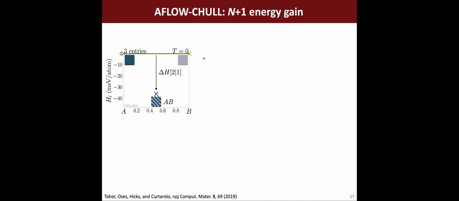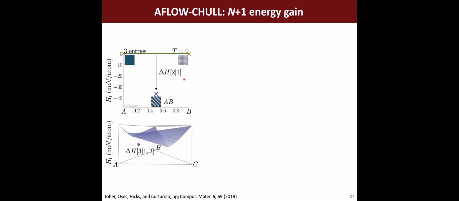There's an enthalpy gain from going from 1 element mixtures to 2 element mixtures. Okay, so that enthalpy gain is defined from going from 2 dimensions to 1, and that's how we write this notation here. Okay, so we can do this analysis for all of the different combinations of A and B in the periodic table. We can also do this for all the ternary elements.